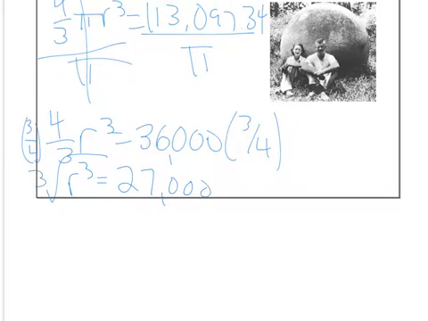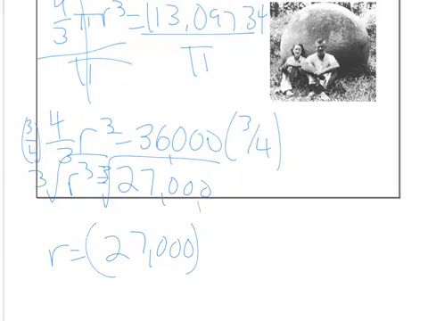So now I want to take the third root. And in a calculator, what I do to figure that out is I'm going to take 27,000 and raise it to the 1/3 power. So take that and raise it, and then in parentheses, put 1 divided by 3 into your calculator. So when I do that, I get 30.